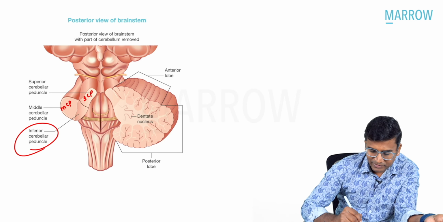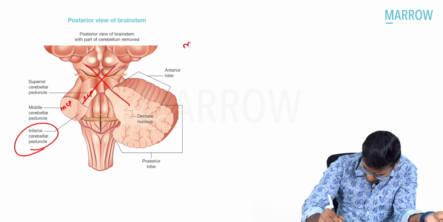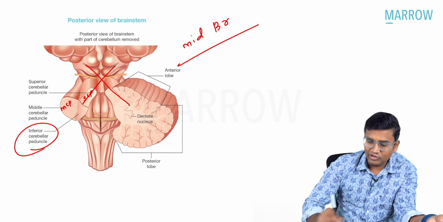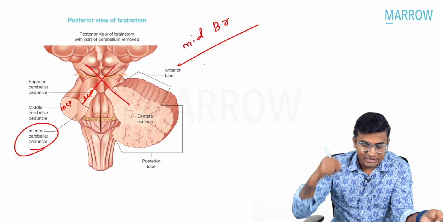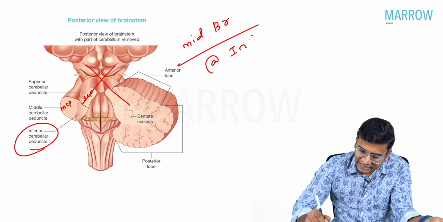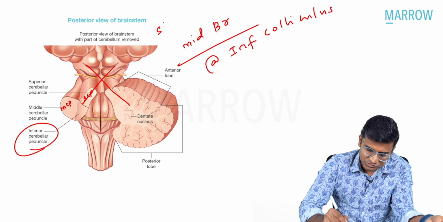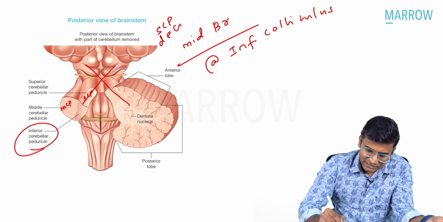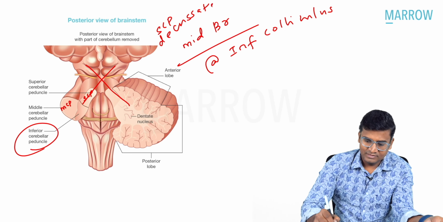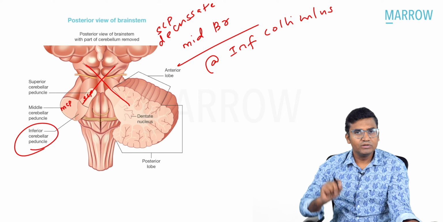So the superior cerebellar peduncle decussates at the level of the midbrain. That is the question we got in the 2020 AIIMS exam. The exact answer is decussating in the midbrain at the level of the inferior colliculus.